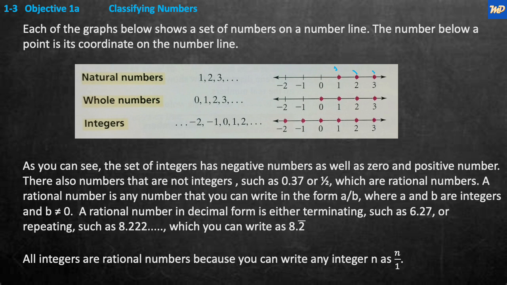If I draw a little example here, if your number was 7.21212121 and it repeats like that forever, you could write that as 7.21 and put the line over both of them. I should clean that up a little bit. It looks like a 5, sorry.